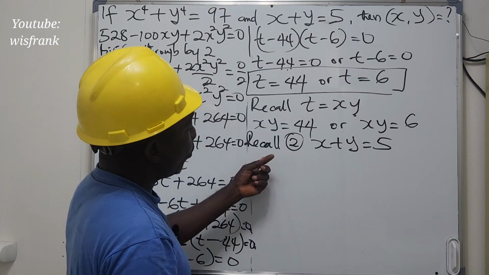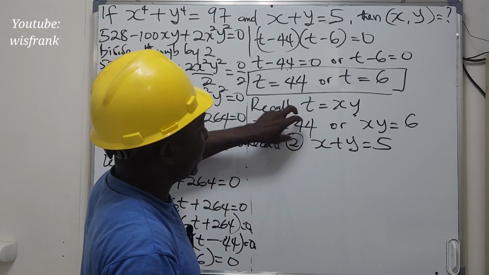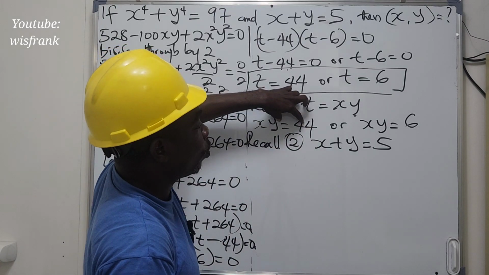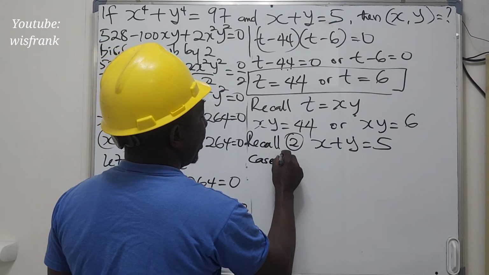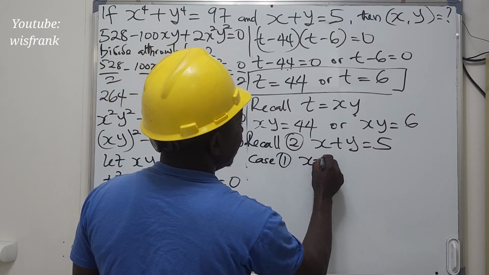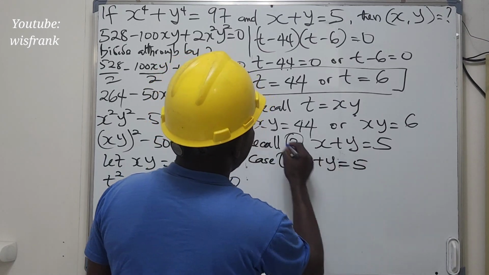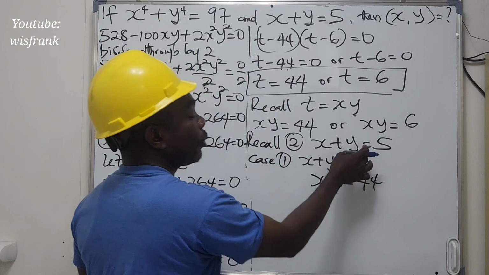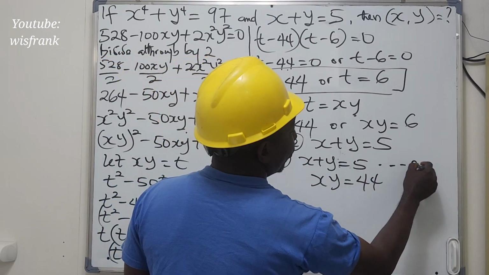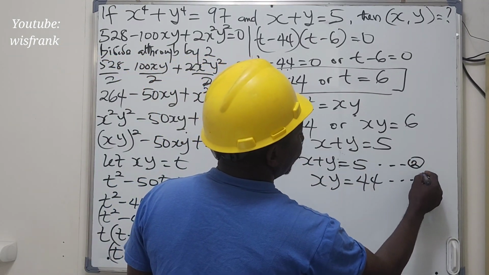So here, what we are going to do is equate this. Let's take this as case 1 and then take this as case 2. So in case 1, we have x plus y equals 5, and we also have xy equals 44. So we are going to solve this simultaneously. This still remains equation 2, and let this be equation 3.